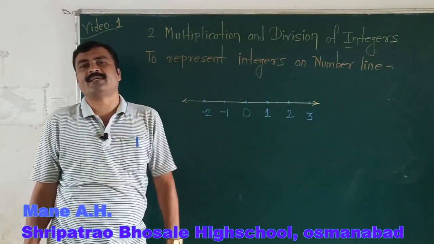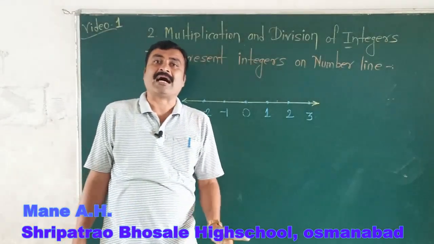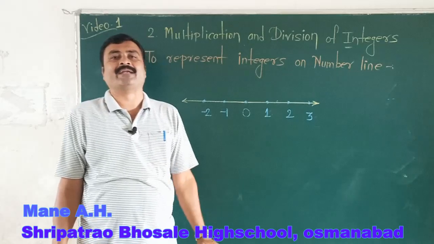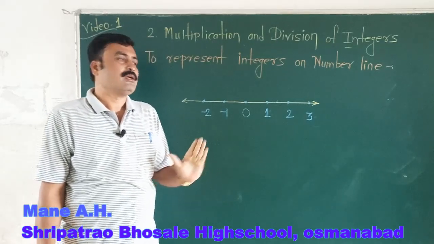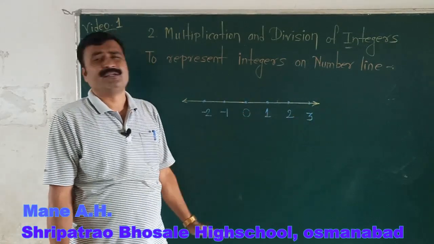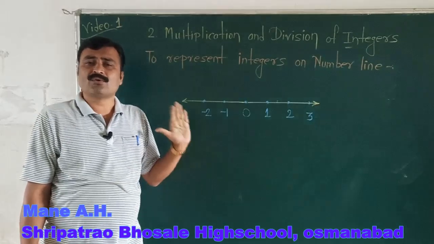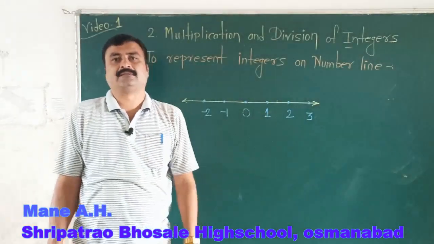The first sentence: all positive integers are always greater than 0 and negative integers. सर्व धनपूर्णांक संख्या या शून्य व ऋण पूर्णांकांपेक्षा मोठ्या असतात.